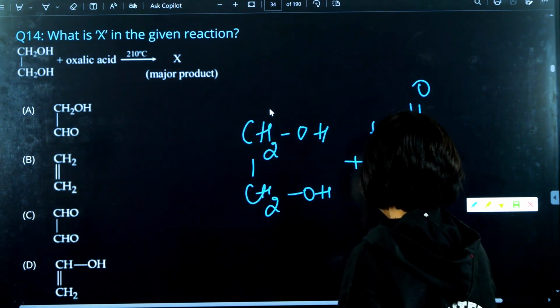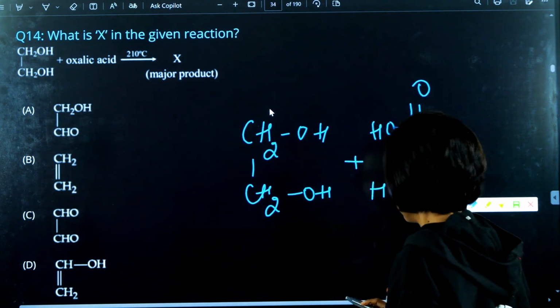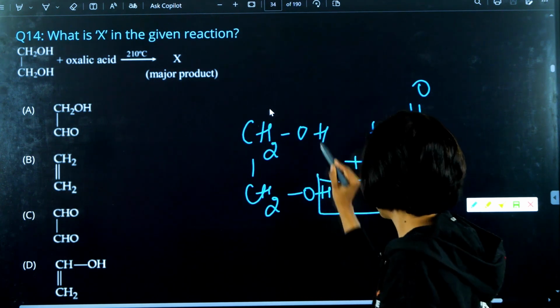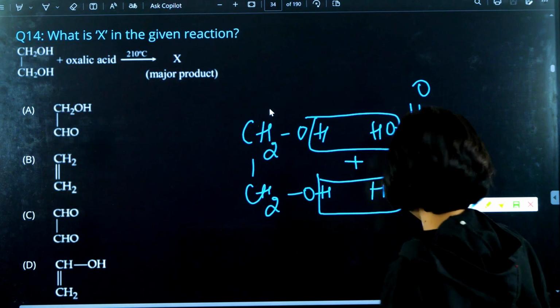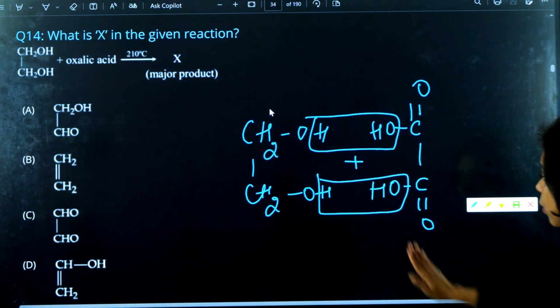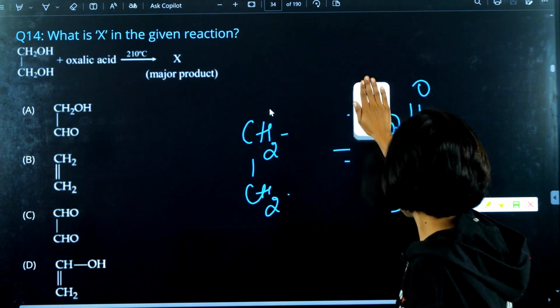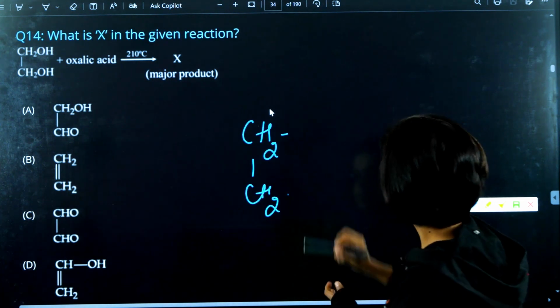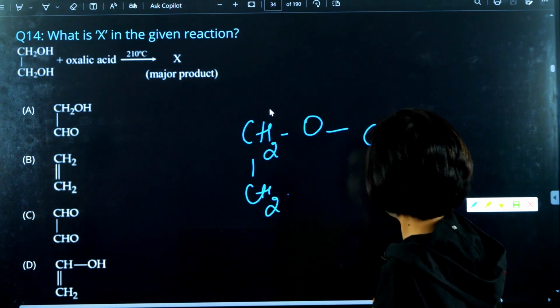Oxalic acid, so they will form a ring, losing water. Ester formation is there, guys. You can see alcohol and carboxylic acid. This is oxalic acid, so let me make a cyclic ester here. So we get a cyclic ester formation here, right?